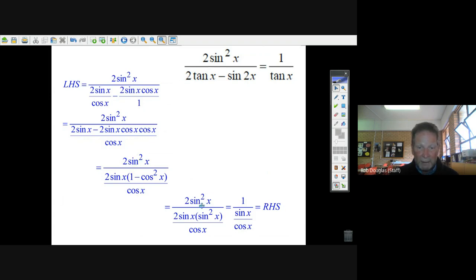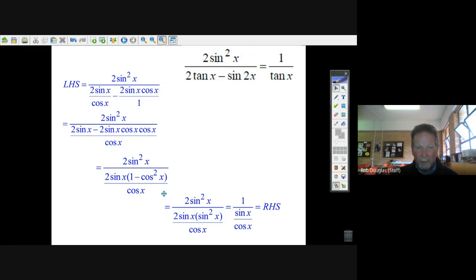You see, the sine squared cancels and the 2's cancel, and I'm just left with sine x over cos x. But isn't that what the right-hand side is? Sine x over cos x is really 1 over tan x. Maybe you could write one more step and say it equals 1 over tan x, but I think it's okay to say right now it equals the right-hand side.